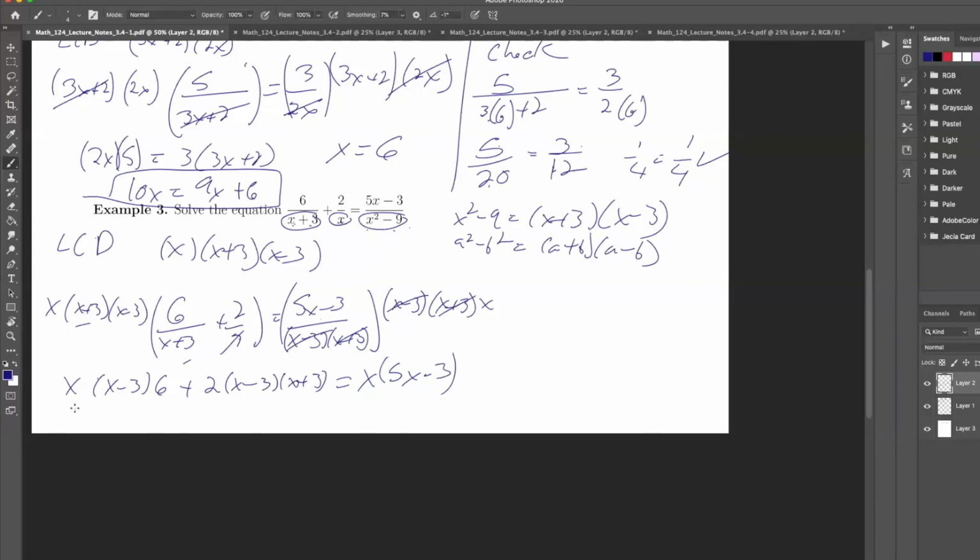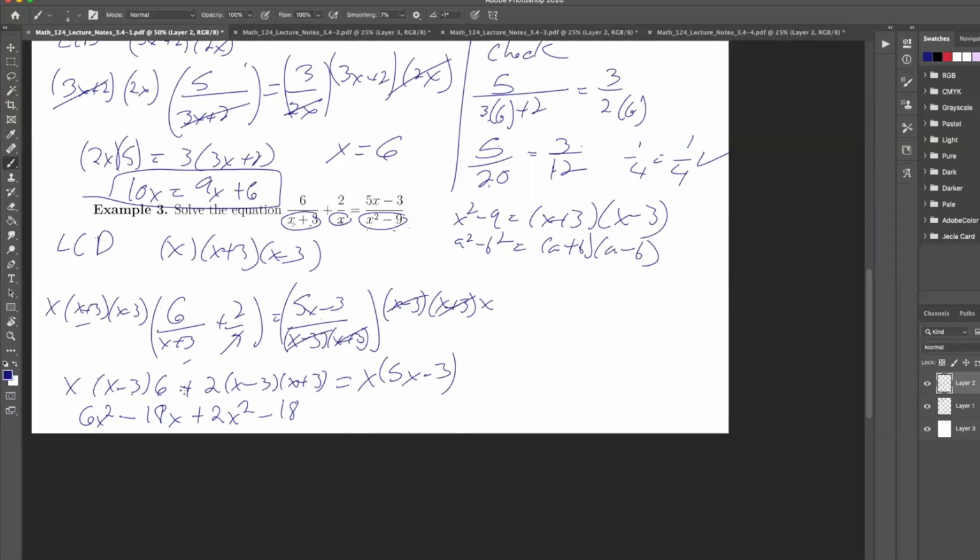Okay. So once we have it here, we can simplify. And so here, if I simplify this, I get x squared times 6, so it'll be 6x squared minus 18x. So that's what this simplifies to. If I simplify this, I'm just going to get 2 times this, so it'll be 2x squared minus 18, right?